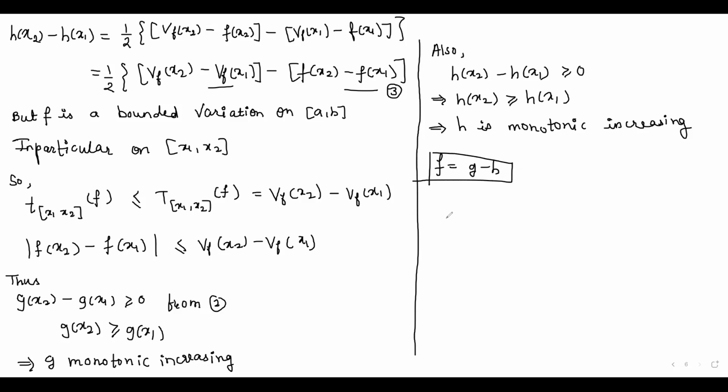Now conversely, we have to prove that if f is difference of two finite valued monotonic increasing functions, then f is a bounded variation on the interval AB. So now conversely, we have f is equals to g minus h, where g and h are monotonic increasing functions.